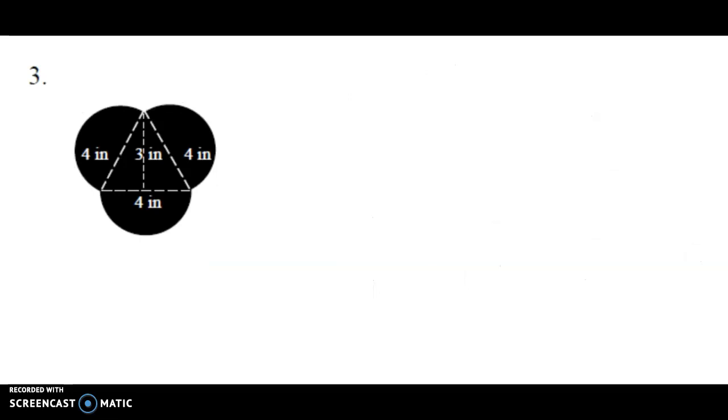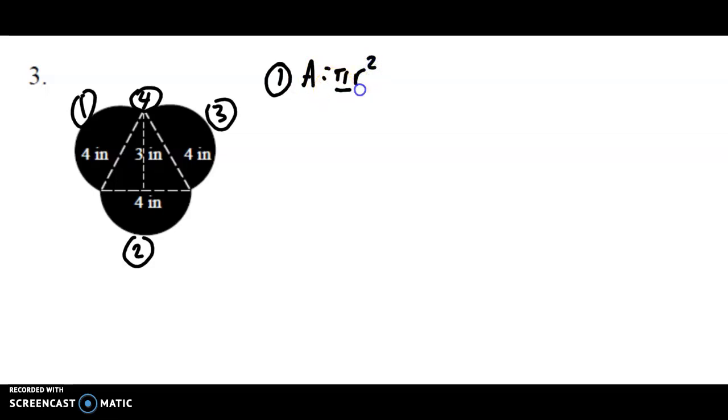Okay, number 3. Again, looking at this shape as a whole, I see a semicircle here, a semicircle down here, a semicircle over here, and then a triangle there in the middle. So first I'm going to do the semicircle. Again, A equals pi r squared divided by 2. And A equals 3.14 times, again the diameter is 4, so the radius would be 2.